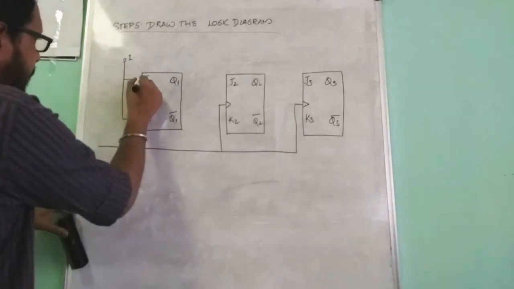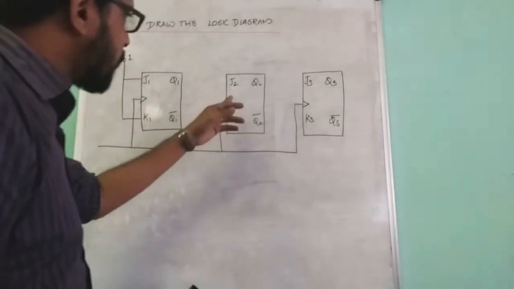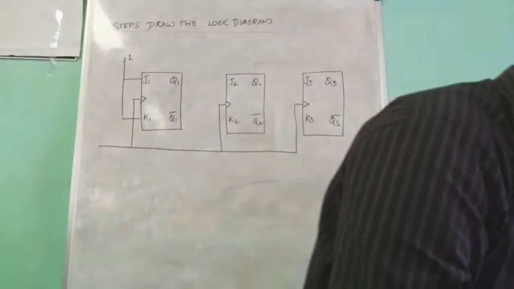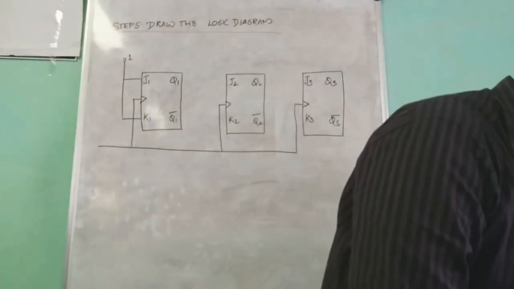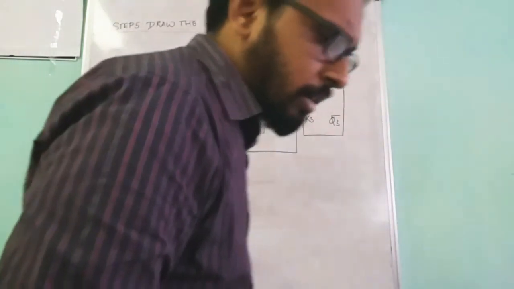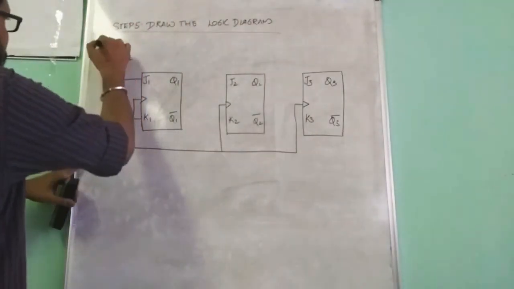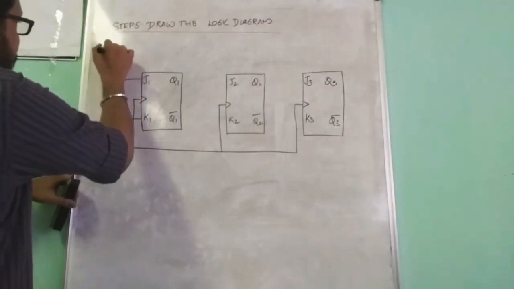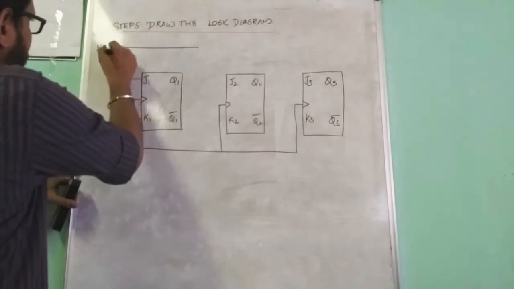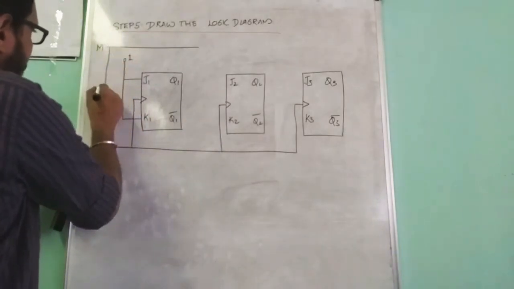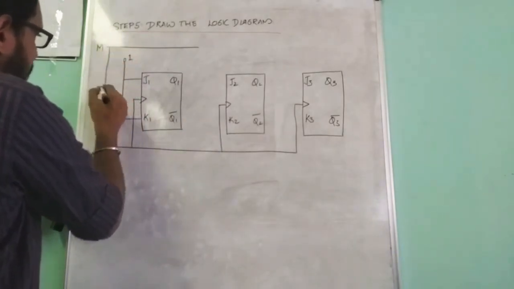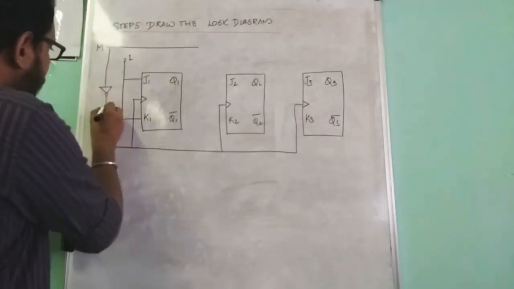Okay, and what was the value of J2 and K2? Yeah, that included M as well. So we will go for M, and we have an M bar.